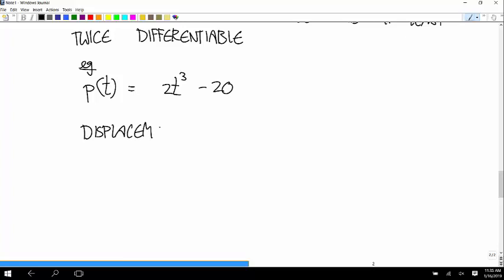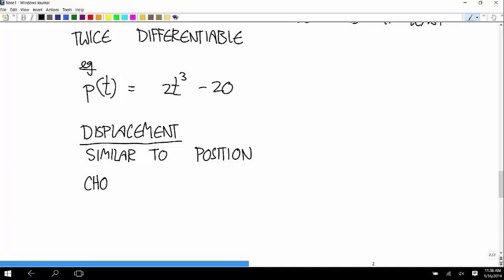Displacement is very similar to position. But the way that displacement works is choose two times, T1 and T2.